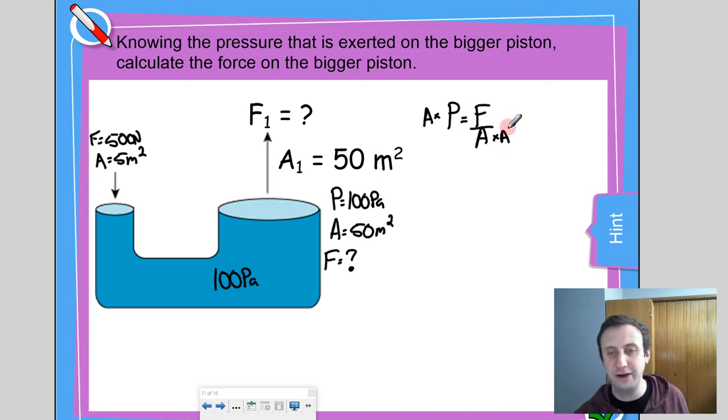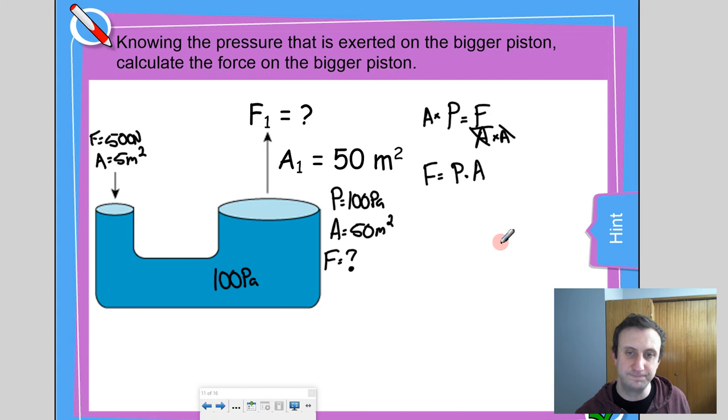Because I have area on the bottom here, I'm going to multiply both sides by area in order to get it on the other side. So it cancels out here, and I have that force is equal to pressure times area. Force is equal to pressure times area.